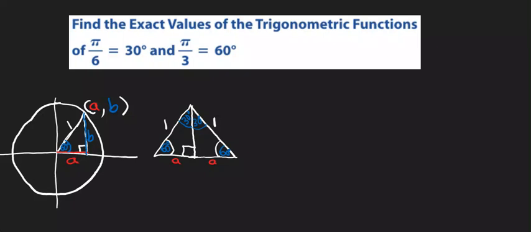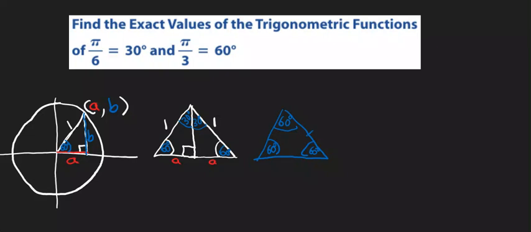Now, given that this is 60, let's draw this triangle so you see it clearly somewhere there. Then we have got 30 plus 30, which gives us 60 degrees. And we have got 60 degrees and 60 degrees.